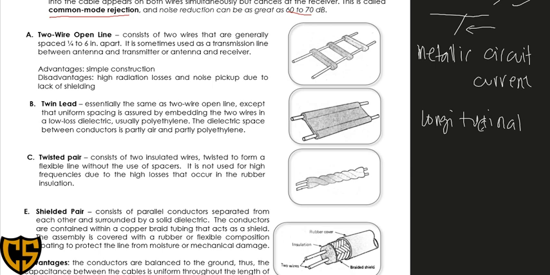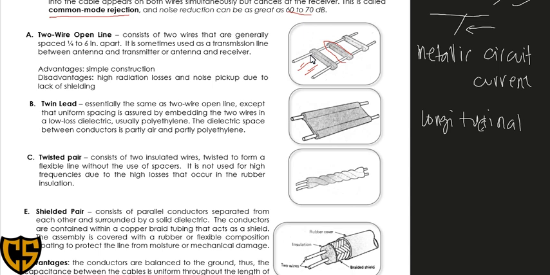One of the major advantages of the two-wire open line is its simple construction. Based on our figure, we only have separators or spacers. The dielectric or insulator is just air in the middle.